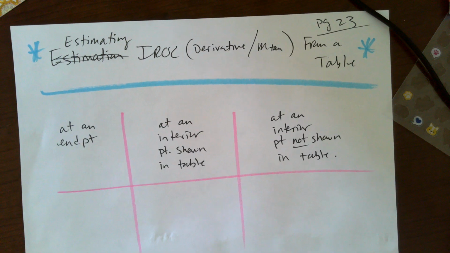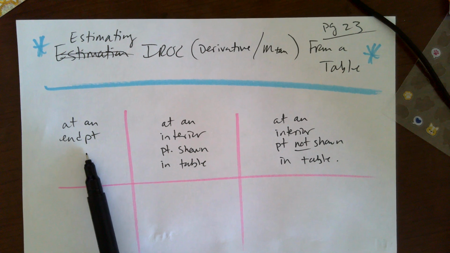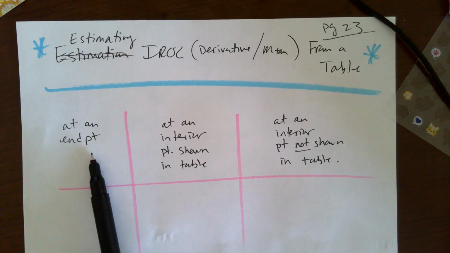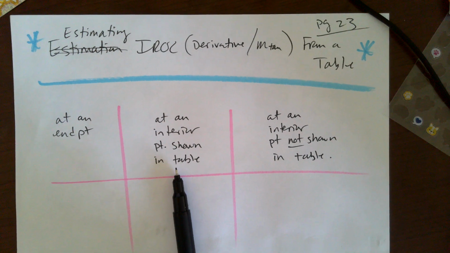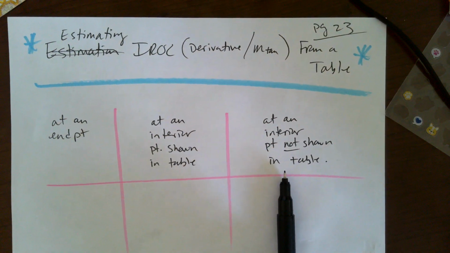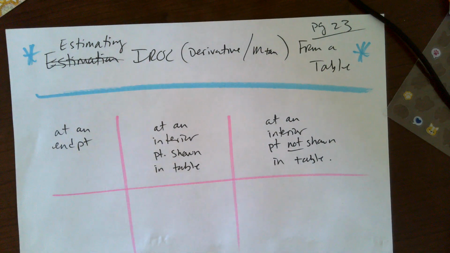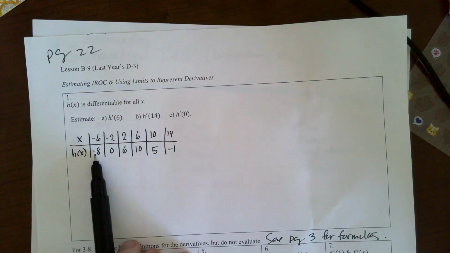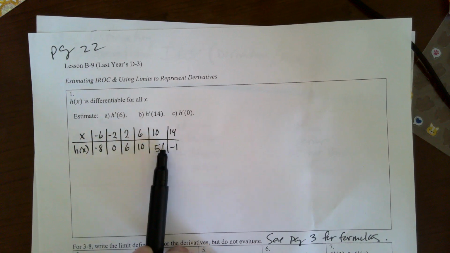So you've got a table of values, you know the function is differentiable, and it depends on whether you're finding the derivative at an endpoint of the table, at an interior point shown in the table, or at an interior point not shown in the table. An example of endpoints would be -6 or 14 in this case.